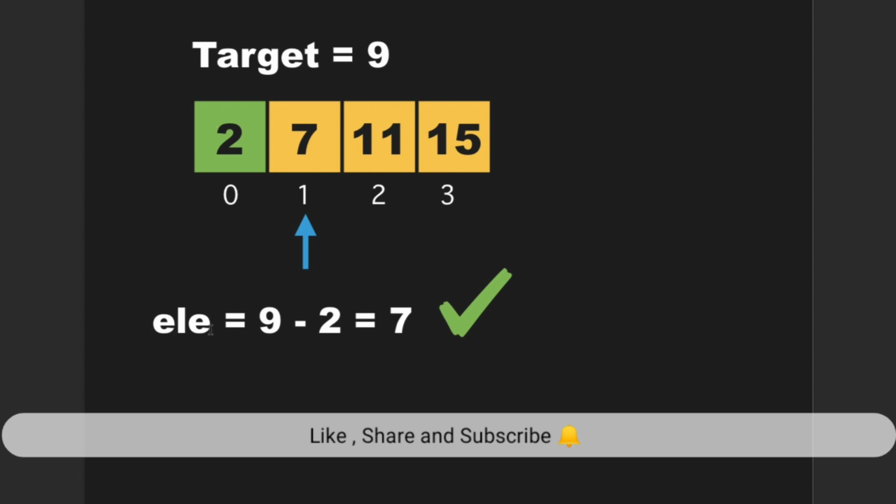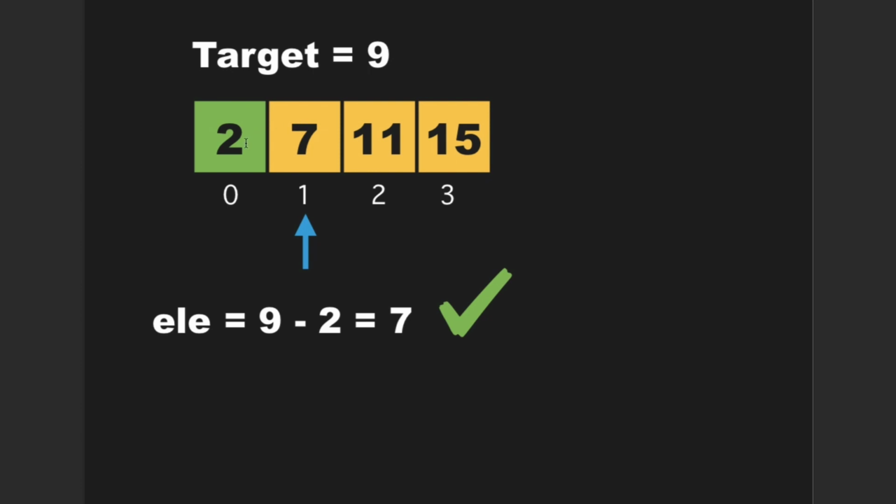The complementary element is the target minus the value at that position, so 9 minus 2 is 7. We need to check whether this element is present in our vector, and yes, it is present. So finally we got two elements, 2 and 7, whose sum is equal to the target. We need to return the indices of these elements, which are 0 and 1.